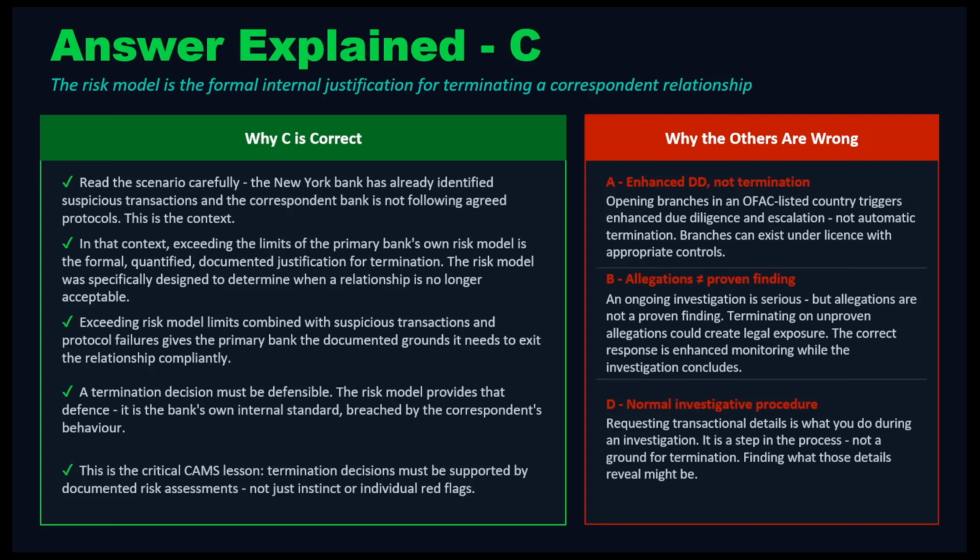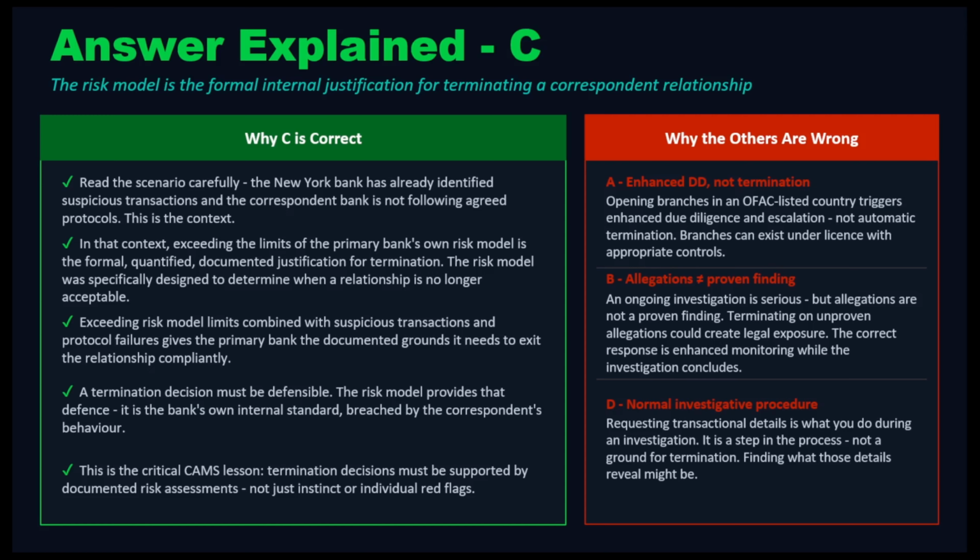Terminating a correspondent relationship on the basis of unproven allegations could expose the New York bank to legal challenges. The correct response to allegations is enhanced monitoring, escalation to senior management, and close tracking of the investigation outcome. So not immediate termination.